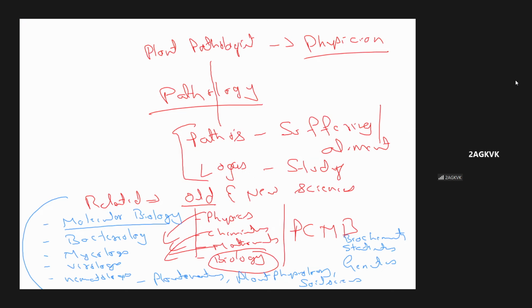These are all the subjects which are required to study plant pathology as such. So to say, you need to have a broader view of all the subjects that need to be understood.